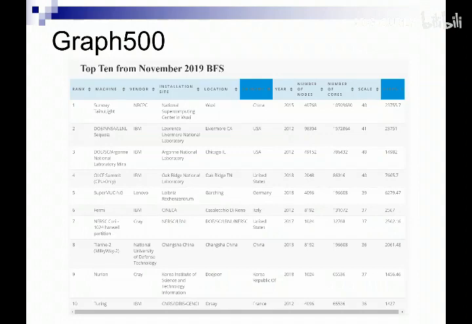Next we can look at the Graph 500 benchmark. What this benchmark is measuring is GTEPS, which stands for billions of traversed edges per second, because what we're doing is breadth first search. The way that you measure the performance is just how many edges for this BFS can you traverse per second. You see that the Taihu computer is doing about 23,000 billion traversed edges per second.